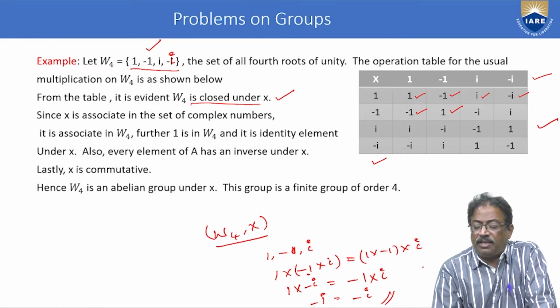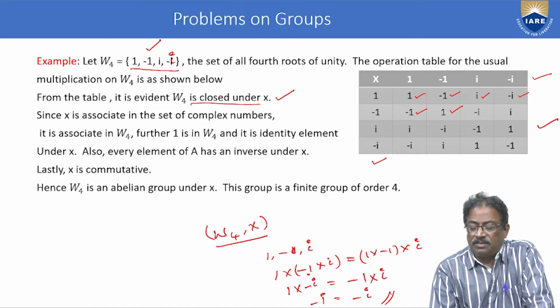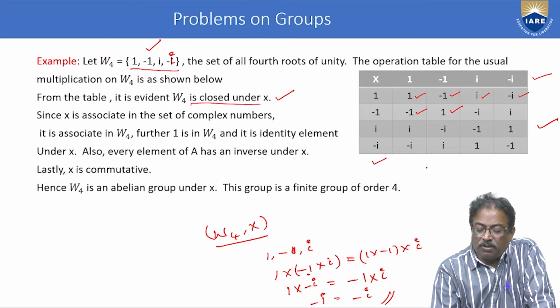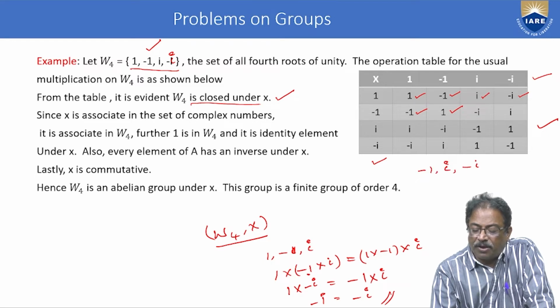Taking any 3 numbers from W4, say minus 1, i, minus i: minus 1 into (i into minus i) is minus 1 into minus i square, and i square is minus 1, so this is minus 1 into 1, which is minus 1.